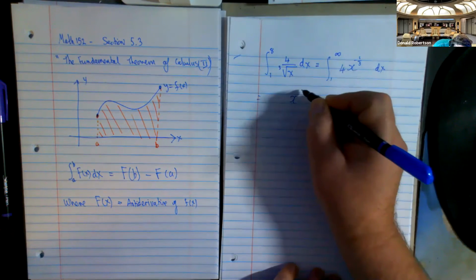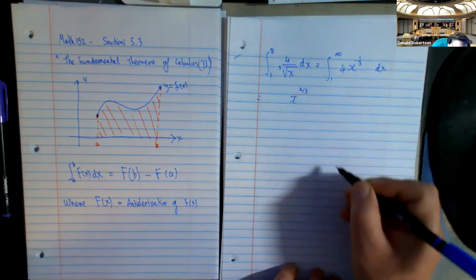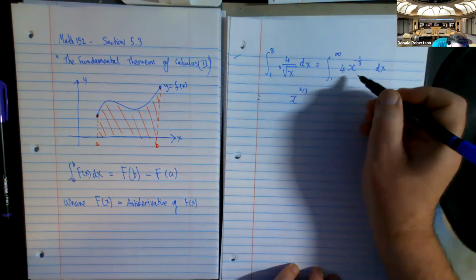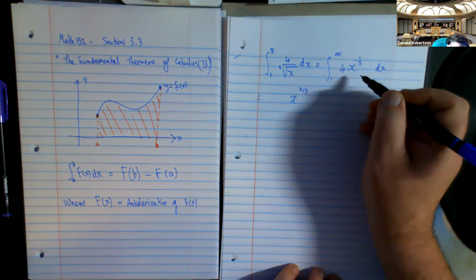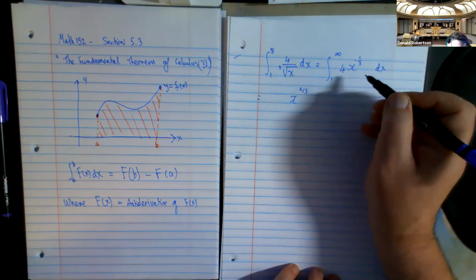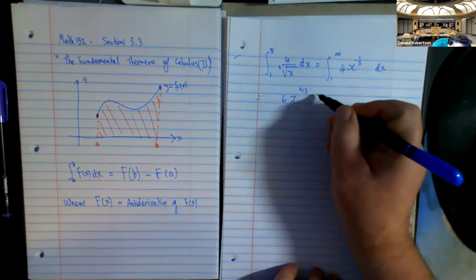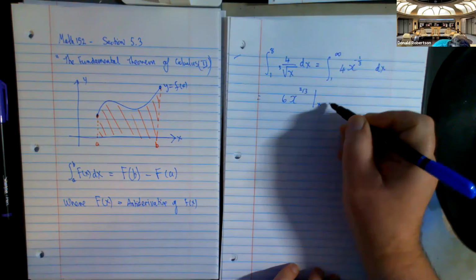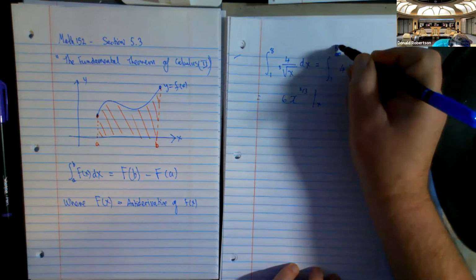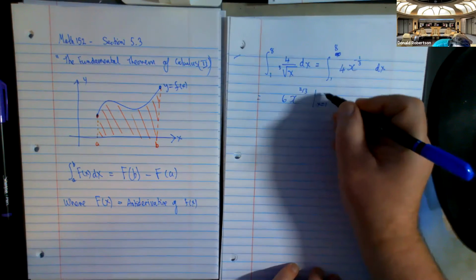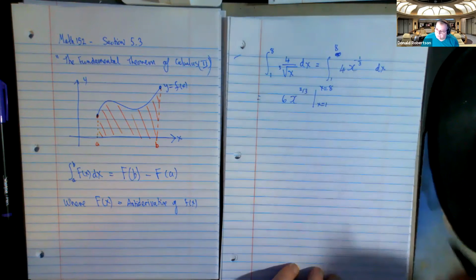If you add 1 to that, you get 2/3. Dividing by 2/3 is the same as multiplying by 3/2. 3/2 times this guy gets me 6. That's better. From x equals 1 to x equals 8.